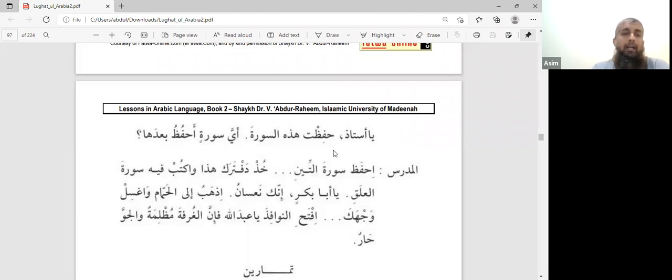Waktub, and write. Now remember, we didn't break down the command form of the verb, but just to mention here that the alif there is hamzatul wasl. So that's why if there's nothing before it, like at the beginning of this line, you have ihfaz. See that? Where the teacher is beginning this particular statement, ihfaz surat at-tini. Learn Surat at-Tin.